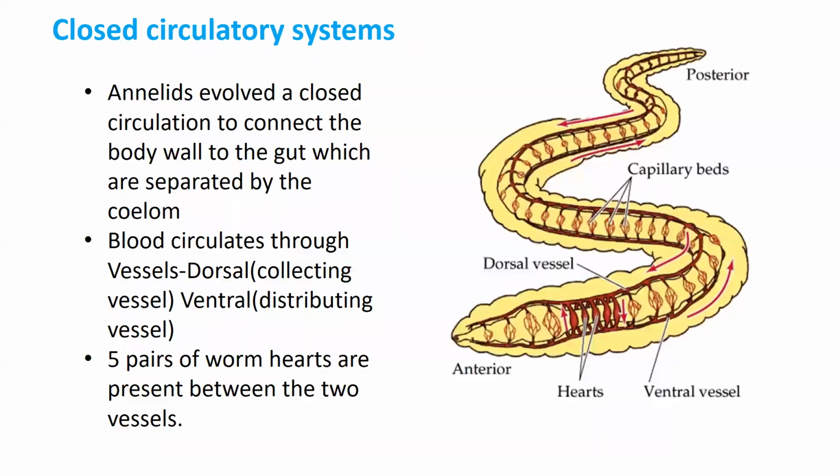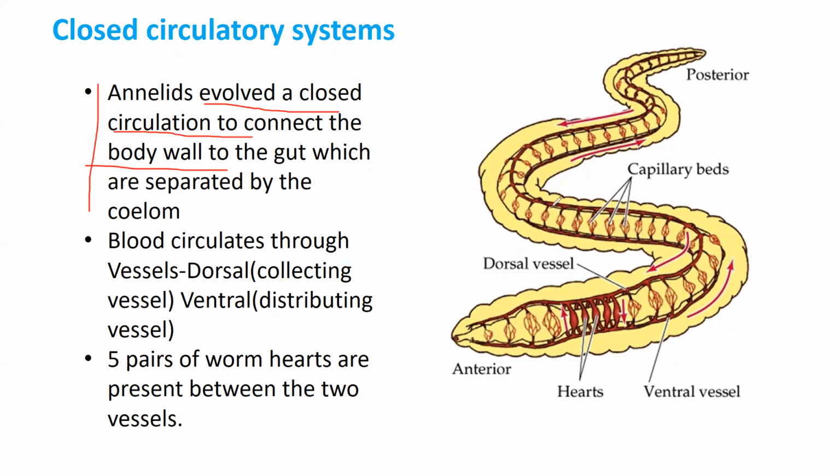So you see, I was talking about this, that is the closed circulatory system. Annelida evolved a closed circulatory system to connect the body wall to the gut, which are separated by the coelom.